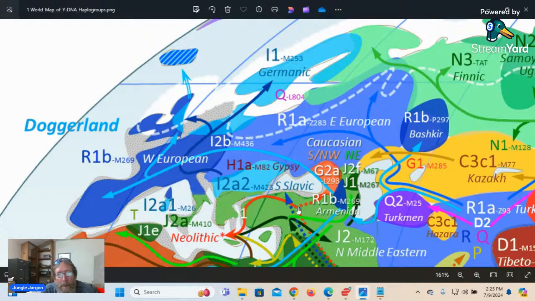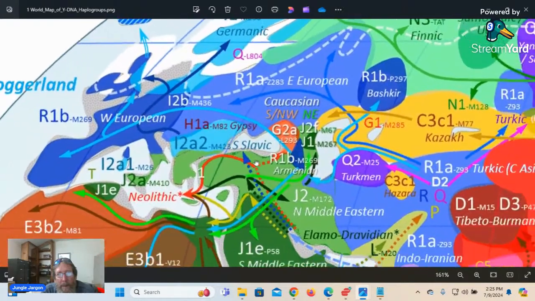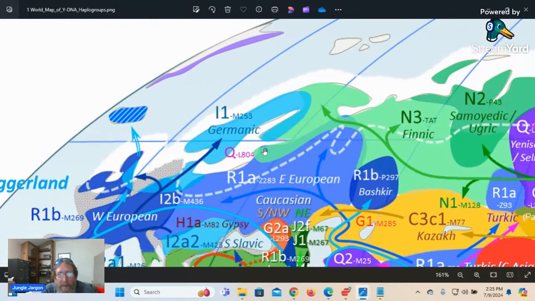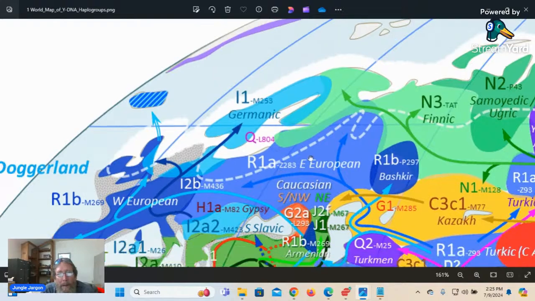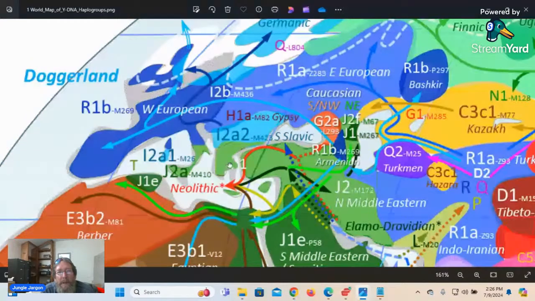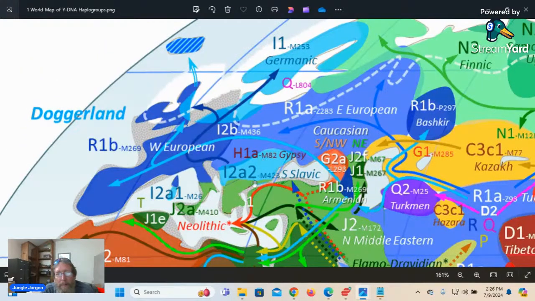So the I1 pretty much seemed like it was Dan, because they're the ones who went up into Denmark. And they were in other places as well, probably such as Sardinia, Danube, which is over here, which today is mostly I2.